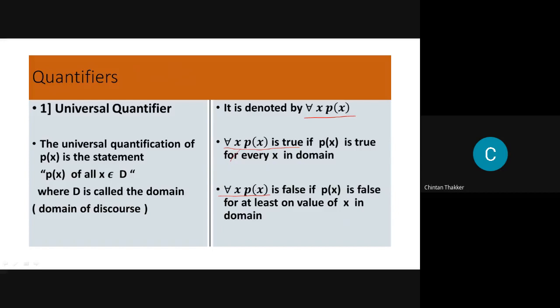So if P(x) is false for any one value, then for all x P(x) is false.